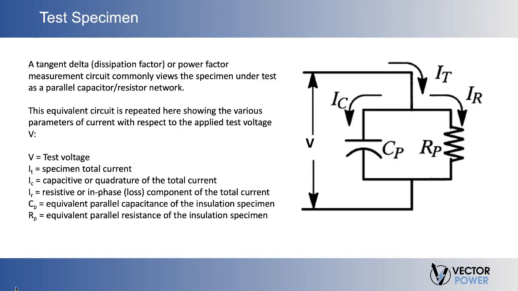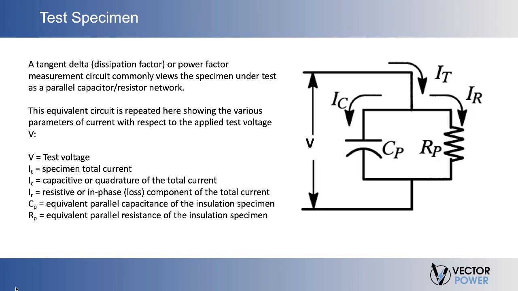A tangent delta, or dissipation factor, or even a power factor measurement circuit commonly views the specimen under test as a parallel capacitor resistor network.